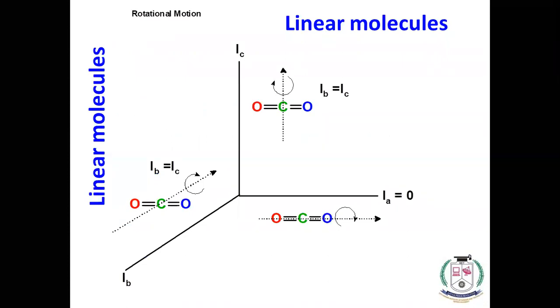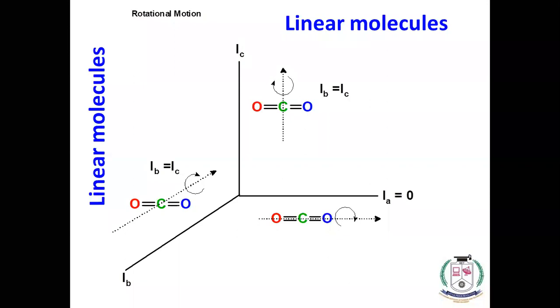We are taking a linear molecule, carbon dioxide, and looking at the moment of inertia through the x-axis, y-axis, and z-axis. Instead of writing x, y, z, we have written IA, IB, IC.